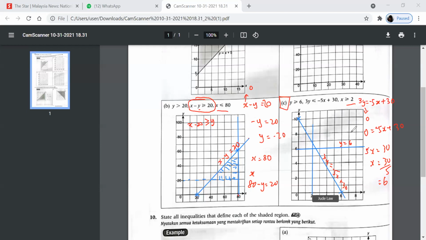Okay, and then now shade. y is bigger than 6. Bigger is up, or down?